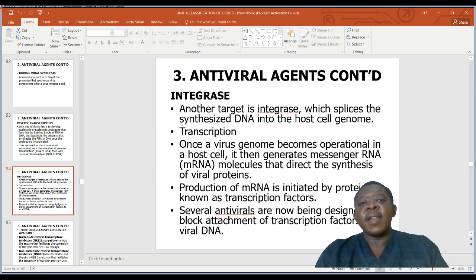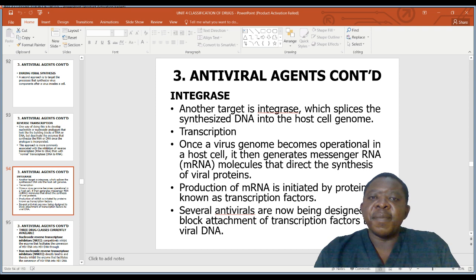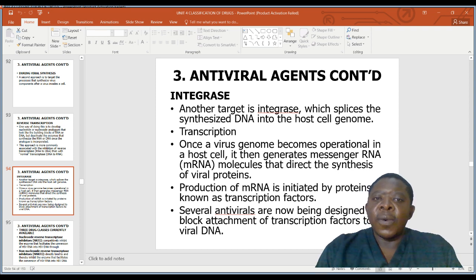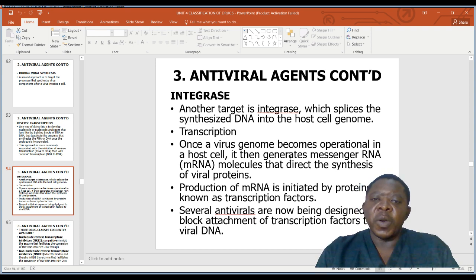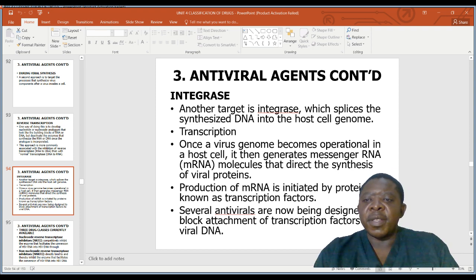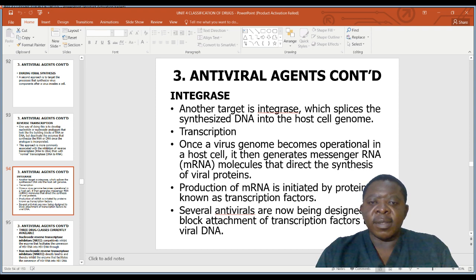Then the other target is the enzyme integrase. This one is involved in splicing the synthesized DNA into the host cell genome. Then transcription: once a virus genome becomes operational in a host cell, it generates messenger RNA molecules that direct the synthesis of viral protein.